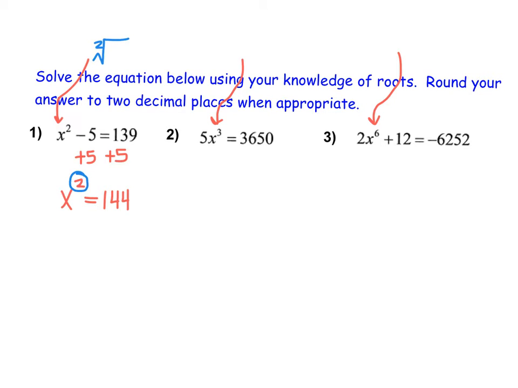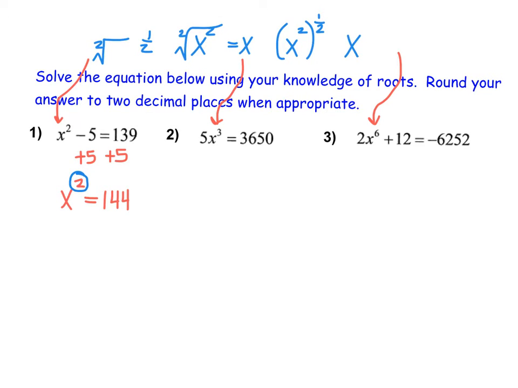And that's because a root of 2 really represents an exponent of 1/2. Just to give you an idea of what's happening here, if we take the square root of x squared, that's going to result in x. The reason that is happening is because that root 2 is really an exponent of 1/2, if we were to write it using our rational exponents. And when we have powers raised to powers, we multiply the exponent.